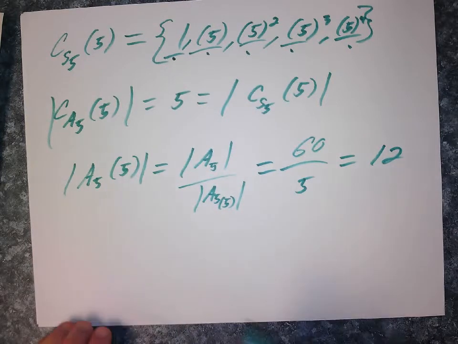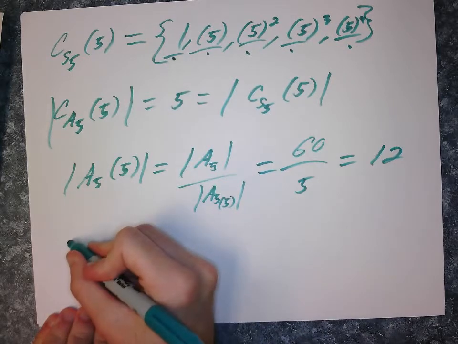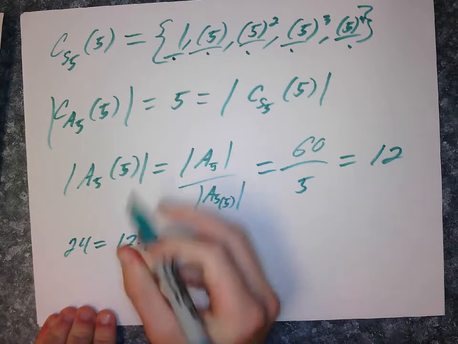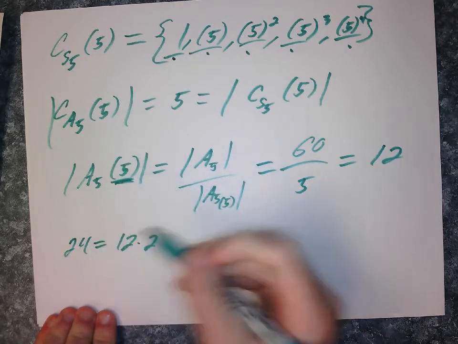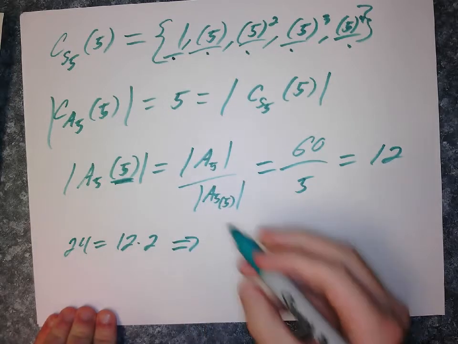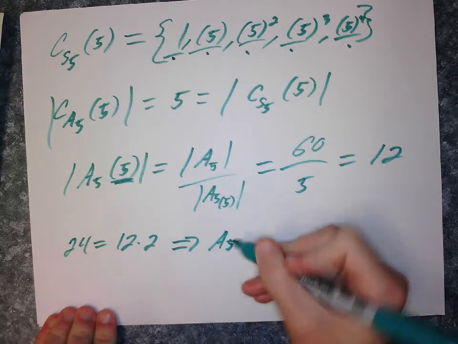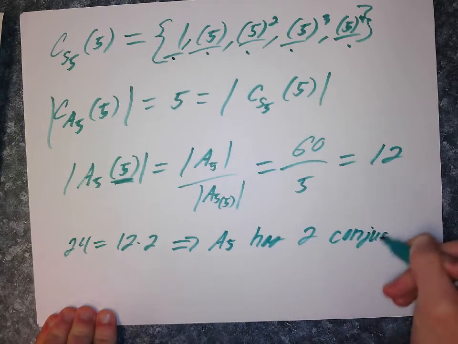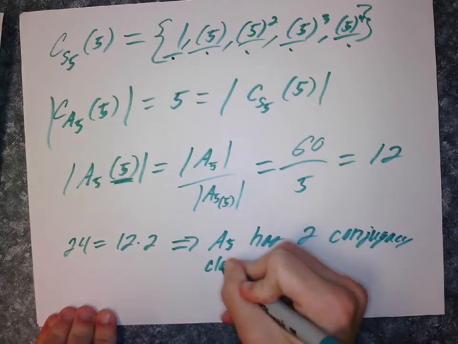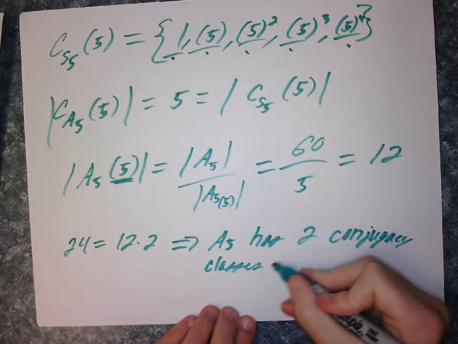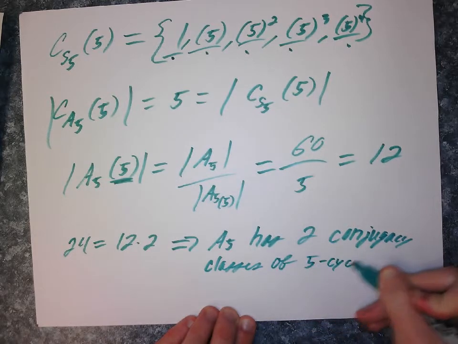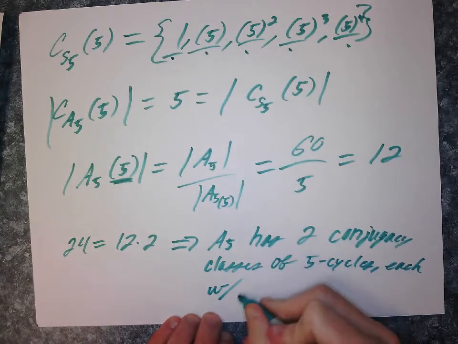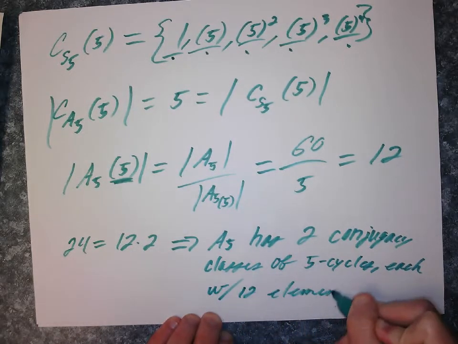Well, what does that mean? That means that there are 24 5-cycles, which is 12 times 2. Since this was an arbitrary 5-cycle, that means that A5 has 2 conjugacy classes of 5-cycles, each with 12 elements.